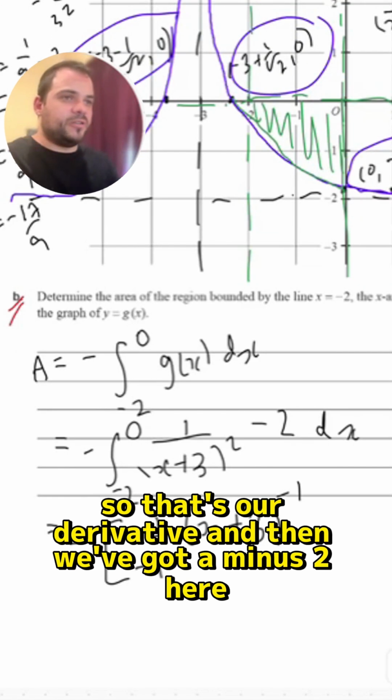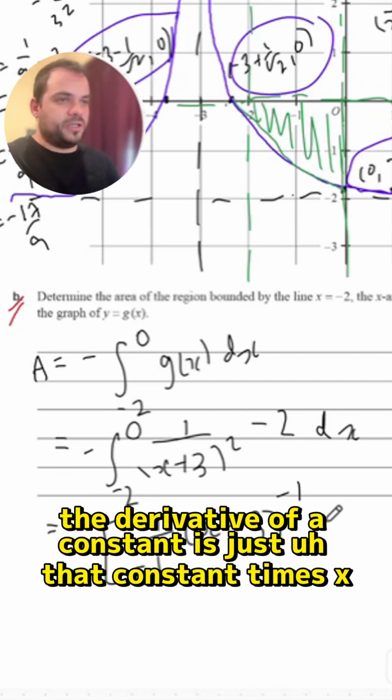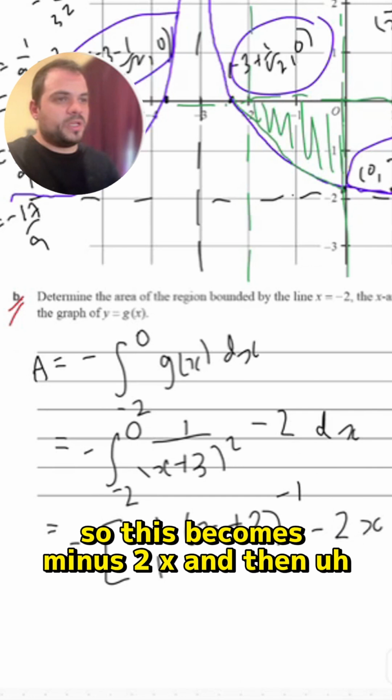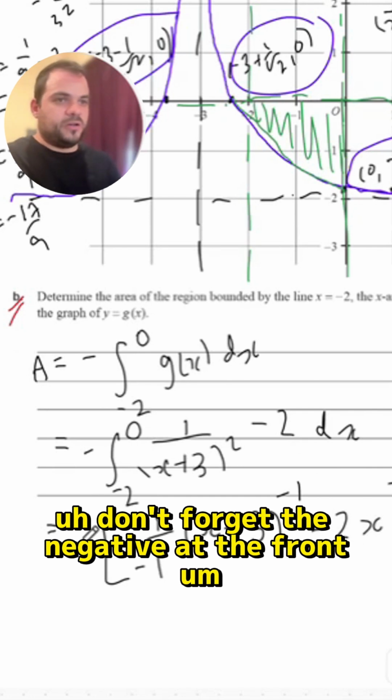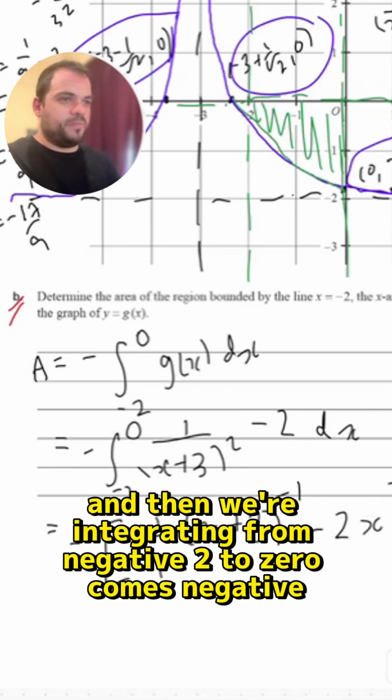So that's our antiderivative, and then we've got a -2 here. The antiderivative of a constant is just that constant times x, so this becomes -2x. And then don't forget the negative at the front, and then we're integrating from -2 to 0.